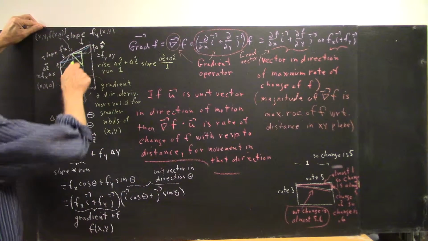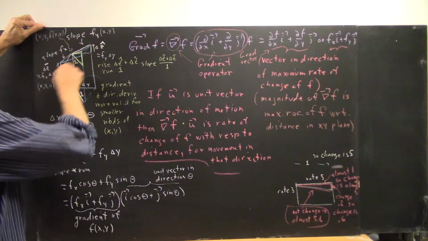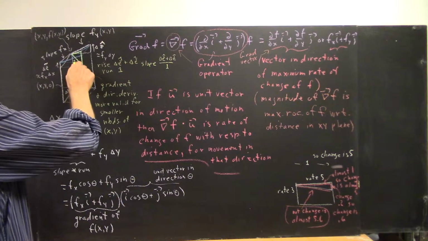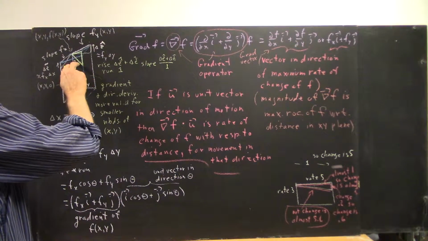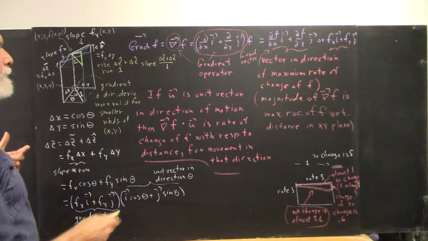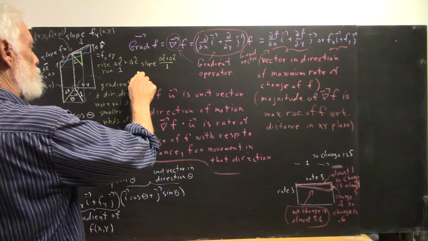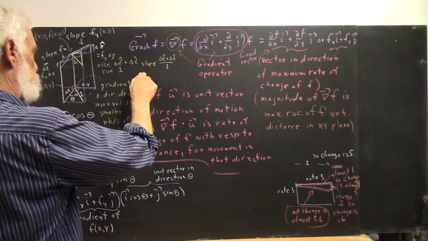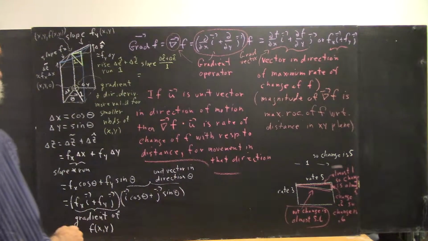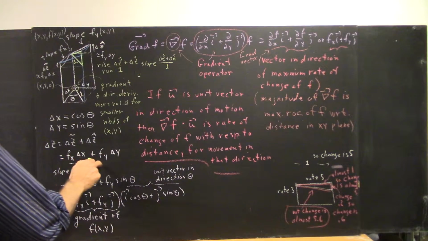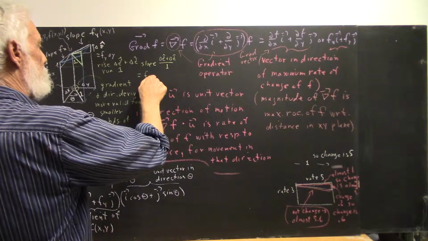This is 1. And that one doesn't look all that much like a 1. Okay, and that's equal to what? Fx delta x plus Fy delta y.